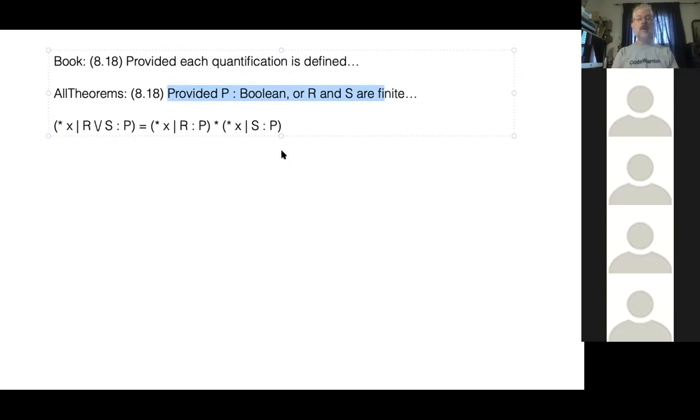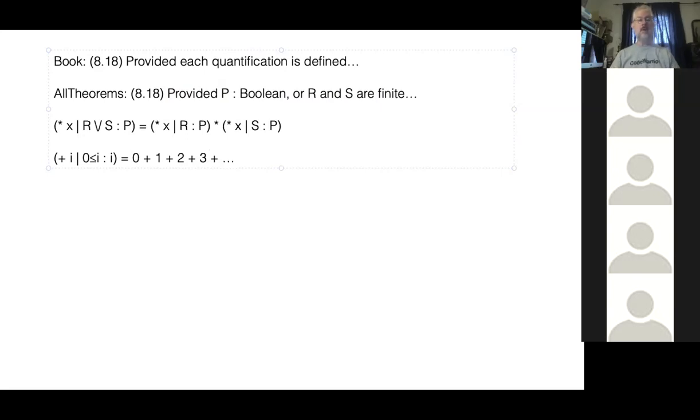So the concern is, if the range is infinite and the operator doesn't work well over certain infinite ranges, then you can have quantifications that are not defined. There's a footnote about this in the book, but it's easy to miss. As an example, if I said, the sum of I for 0 at most I, that would be 0 plus 1 plus 2 plus 3 plus forever.